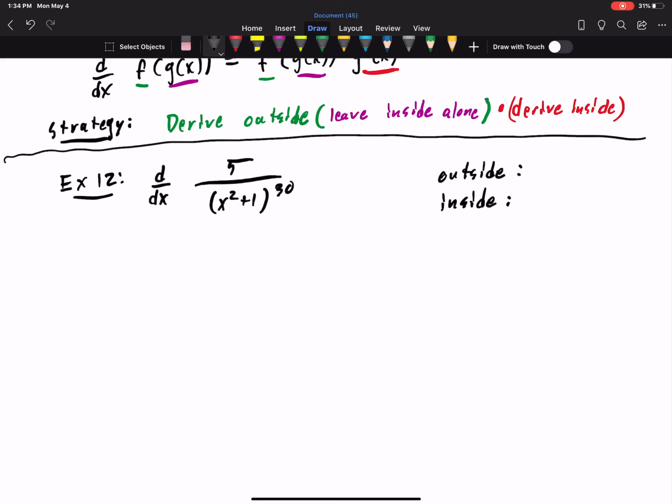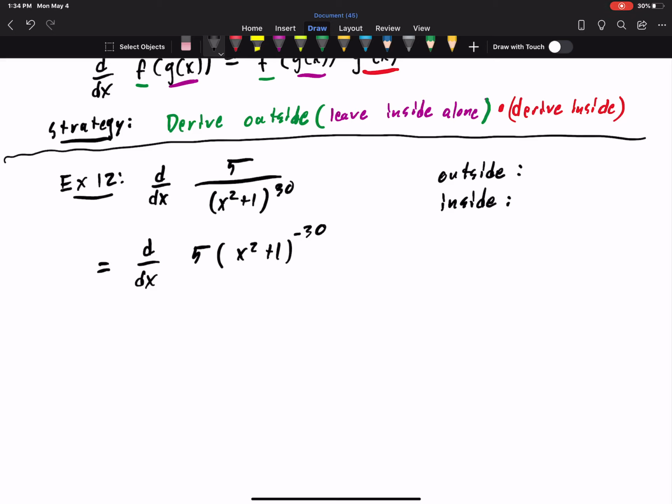I want to bring everything up to the numerator because that's what I know how to work with in terms of the power rule. So carrying along my d/dx, I'm going to have 5 times x squared plus 1 raised to the minus 30th. Okay? The reason I did that is because now my power rule can be used.